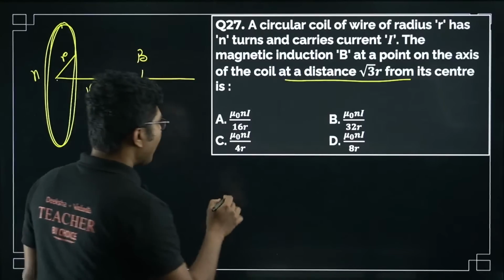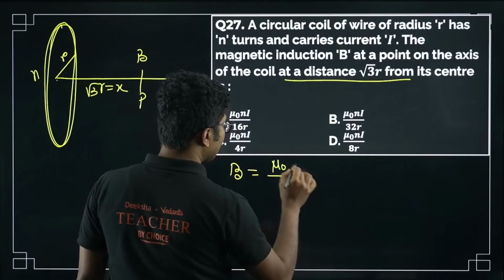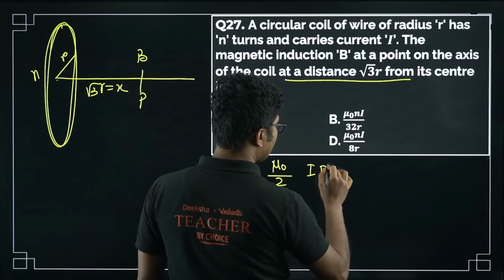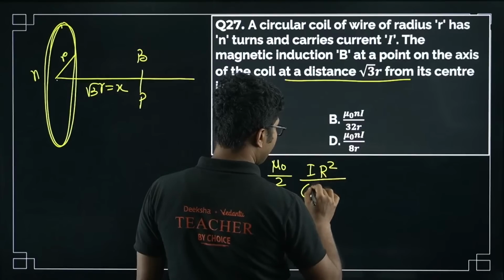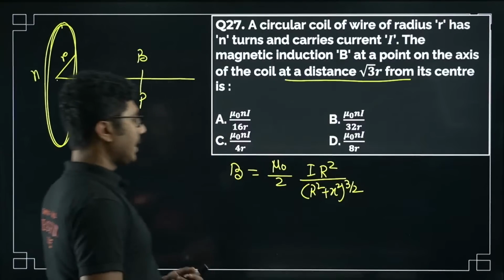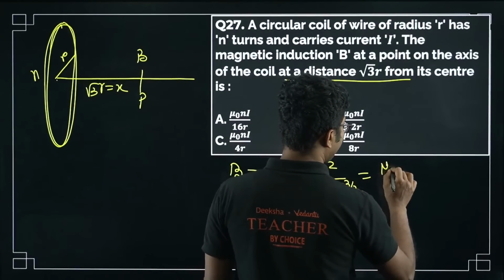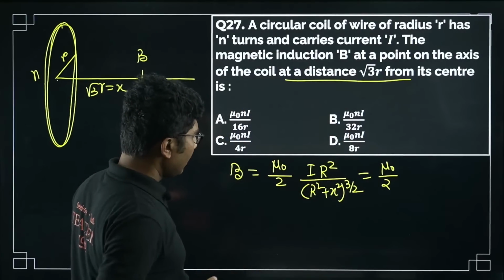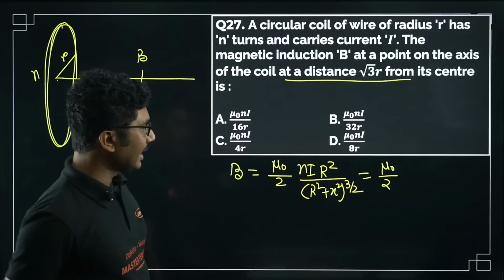What is the formula? The magnetic field formula is mu naught by 2 I r square divided by r square plus x square to the power 3 by 2. If you remember, this was the formula. So you have to put the value mu naught by 2, I r square, and because there are n number of turns, there will be an n also.